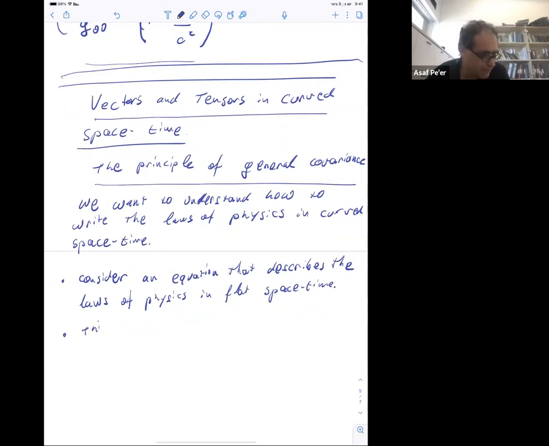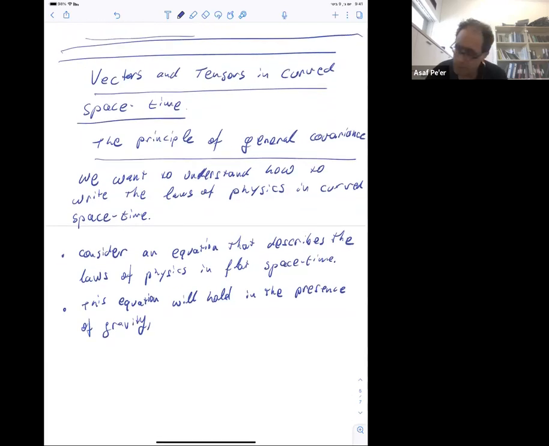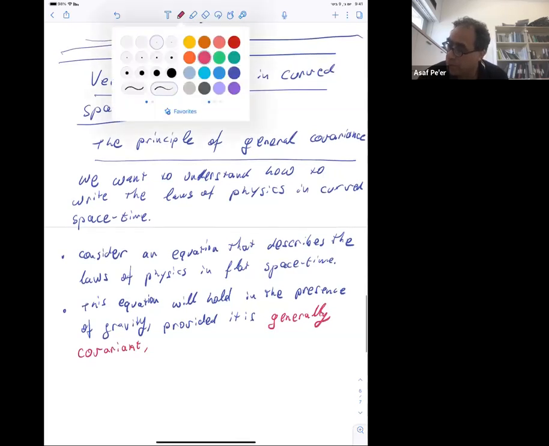So this equation will hold in the presence of gravity, provided it is generally covariant. Right.